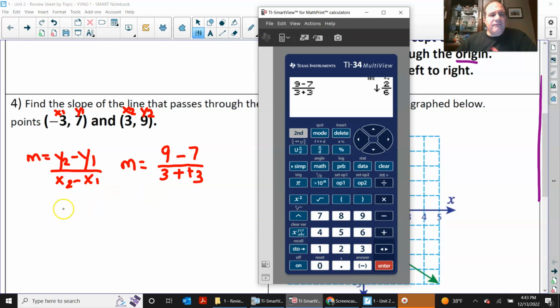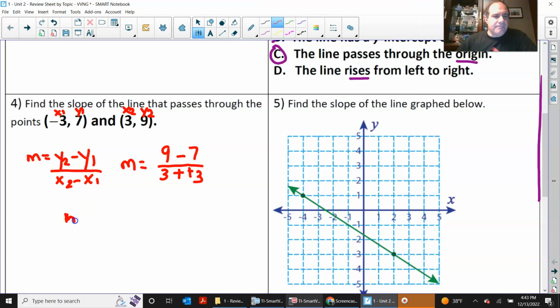So we have m equals 2 over 6, but then it has an arrow down next to it. That is to simplify. Simplify it. It is 1/3. So the m equals 1/3. Slope is 1/3. That means it goes up from left to right. And it's not a very, very steep slope at all.